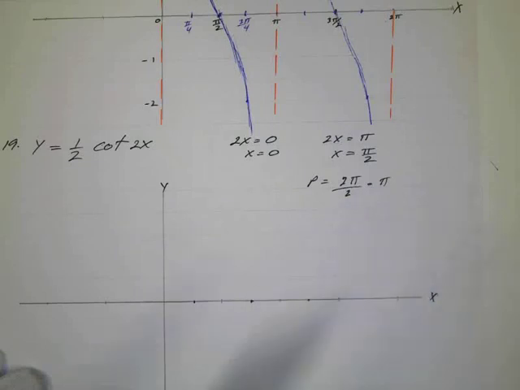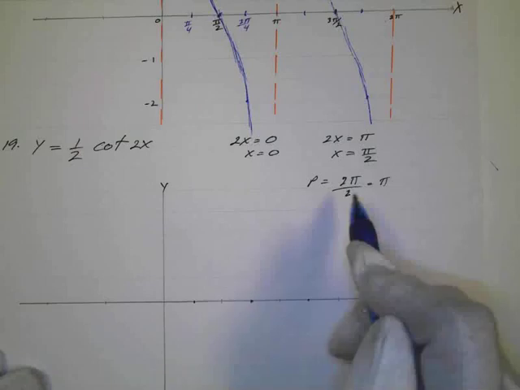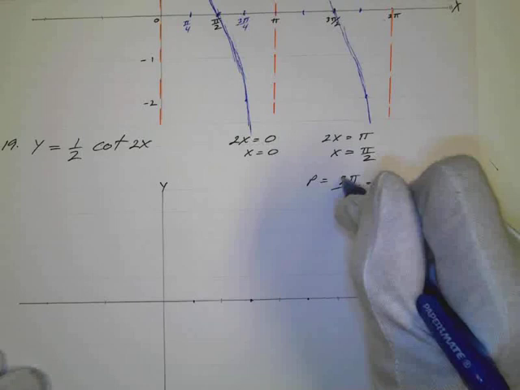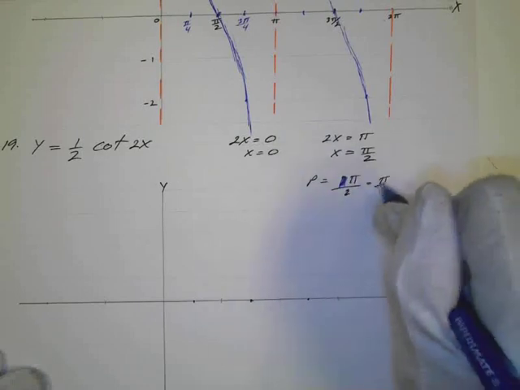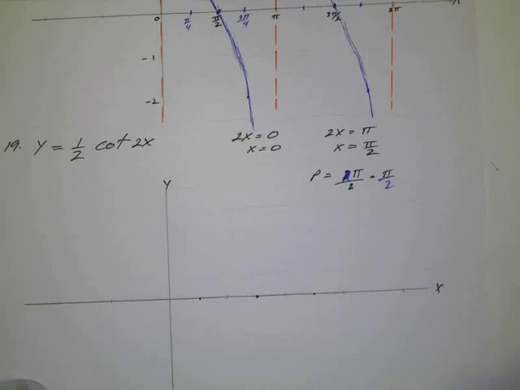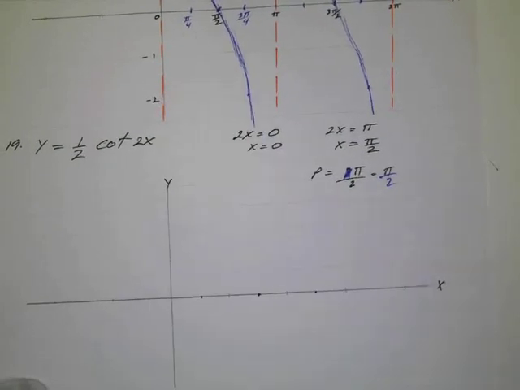And remember, my period is pi over b, which is pi over 2. So that's going to be my period. So I'm going to use the same scale so you can kind of see what's happening here.